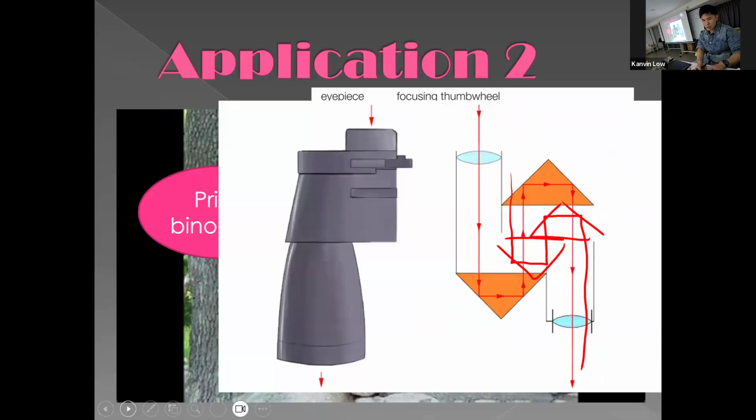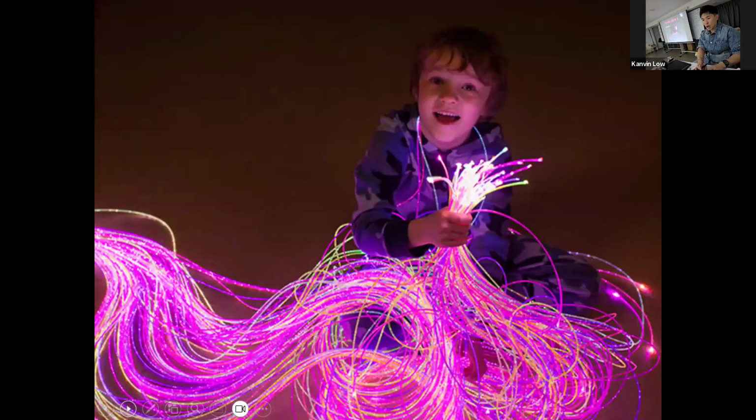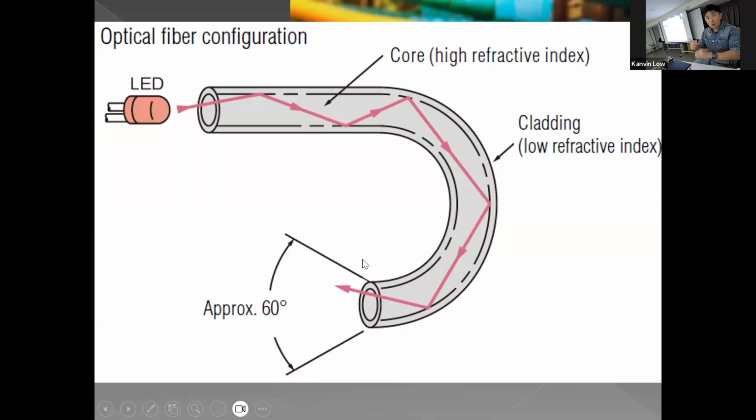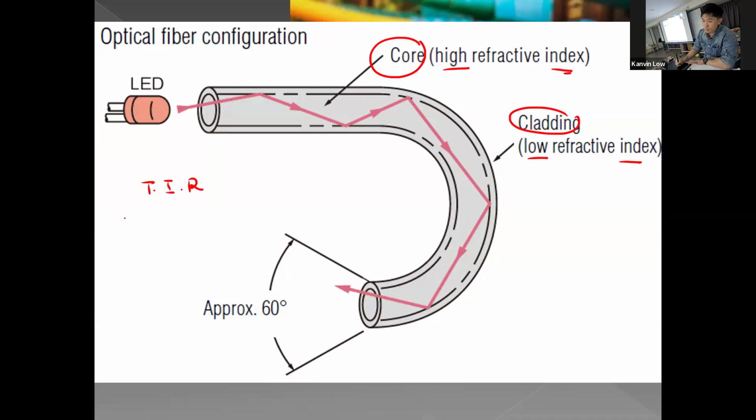Then after that will be optic fiber. I taught you guys before, optic fiber, guys, it is something to do with total internal reflection as well. So this is very important. The core has to be of high refractive index and the cladding must be of low refractive index. Why? Because total internal reflection must be from high to low all the time.